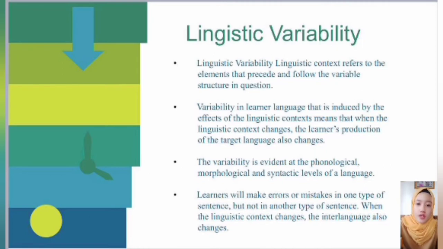Inherent variability in human language. A single speaker will speak different forms of language on different occasions, and speakers of different languages will express the same meaning using different forms. Most of these variations are very systematic.